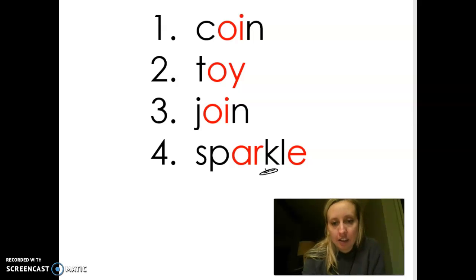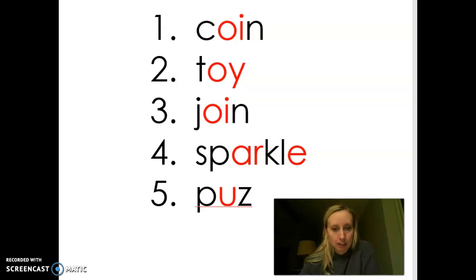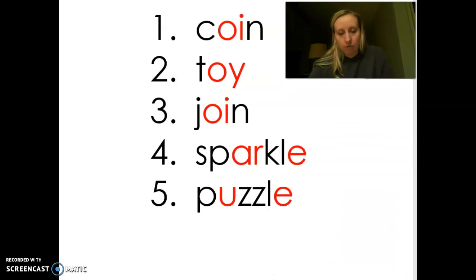So we have our consonant, we have LE, final stable syllable, sparkle. Puzz, oh, 3, 2, 1, puzz, and then we add zul. So once again, consonant LE, which says ul, final stable syllable, puzzle.